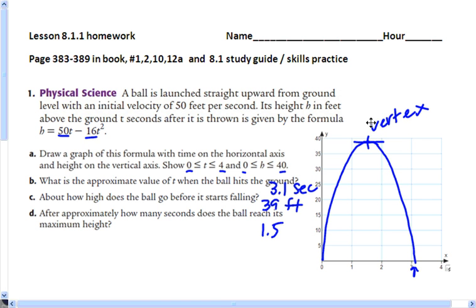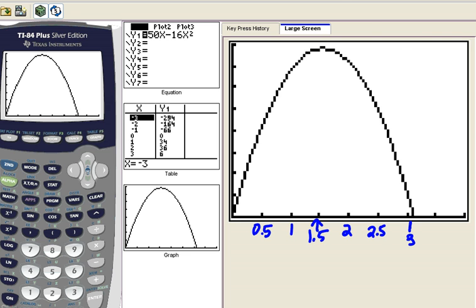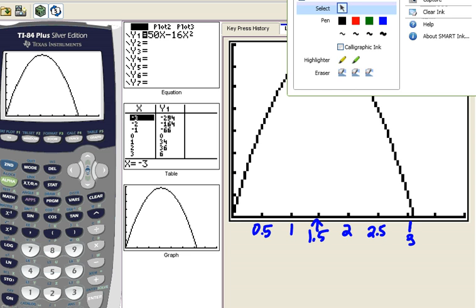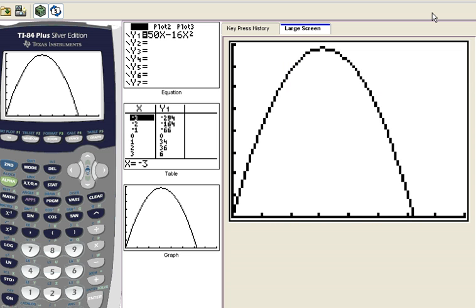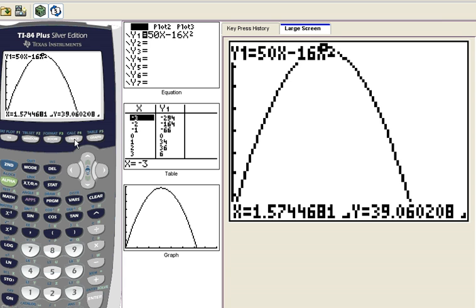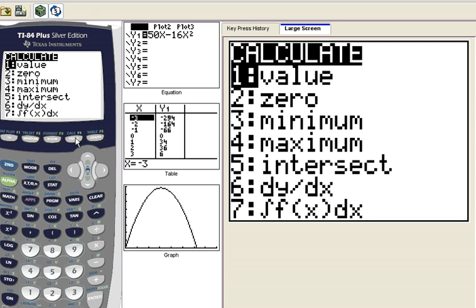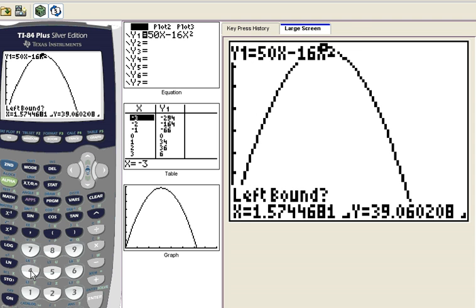Now, if you want to be more accurate about that, we can use our calculator, and there's a couple things we can do. We can use the trace menu, and then go second trace. Notice there is a function here that says maximum, and that's number 4. To get the maximum, you just move the cursor a little to the left of where you think the maximum is. That's the left bound. Press enter.